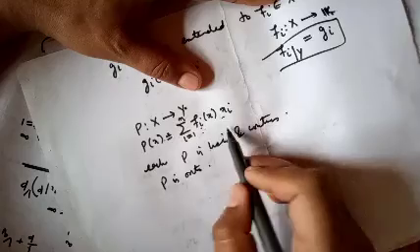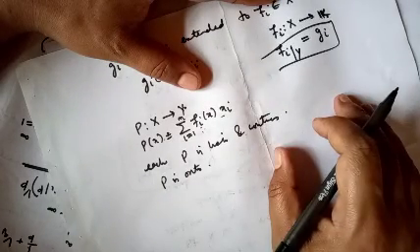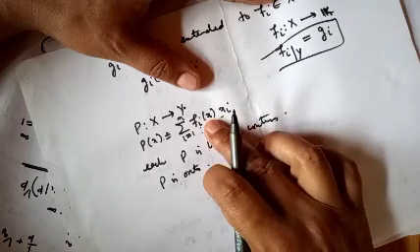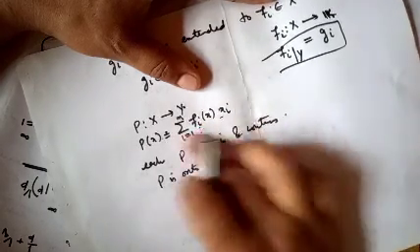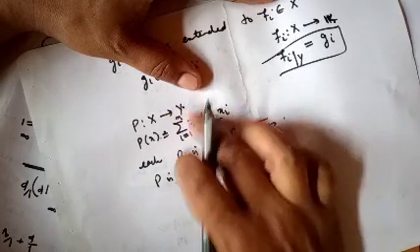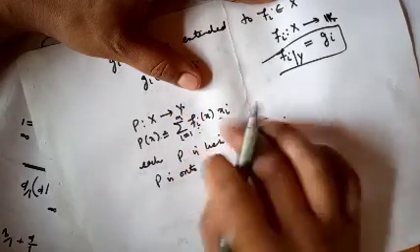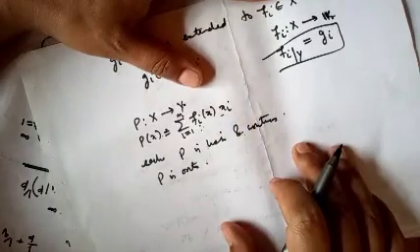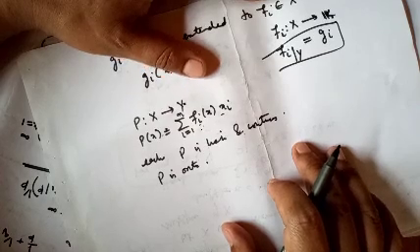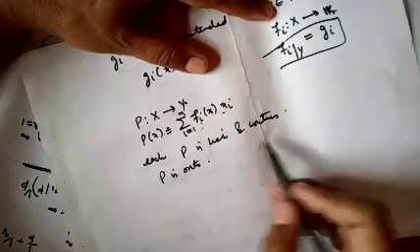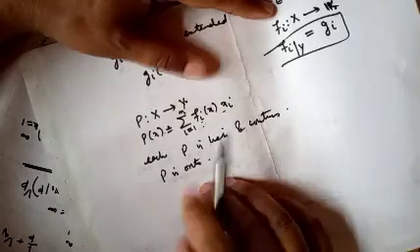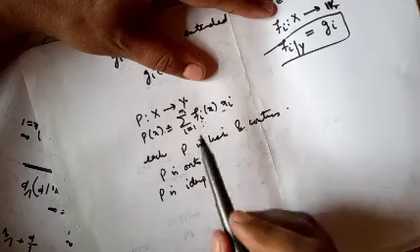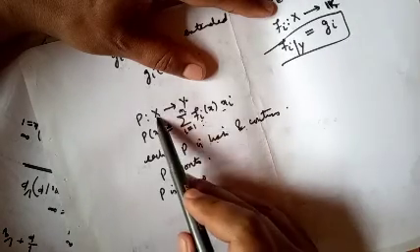Because F_i is basically a linear map, so it has to run over all of K unless it is the zero functional. So it runs over all of K, and therefore this sum runs over all of Y. So no vector in Y is unmatched by a vector in X. So that means it is onto. So P is linear, continuous, onto, because F_i is linear, and furthermore P is idempotent. If I show that P is idempotent, then I have found a linear continuous projection from X to Y.